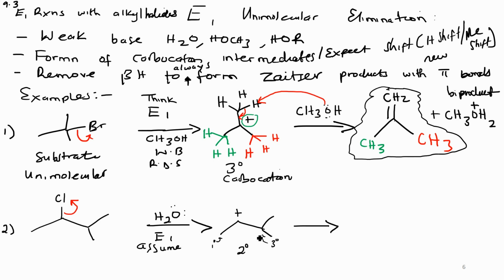Like we said about shifts, you shift from a neighboring beta carbon of higher degree, which would be this. The hydrogen is not shown. That's what we need to move. So we'll do our shift right there. By H shift, moving the hydrogen, the hydrogen comes here.